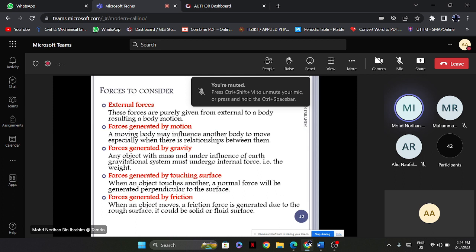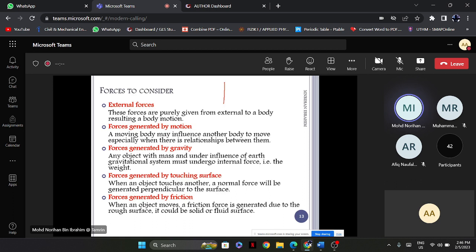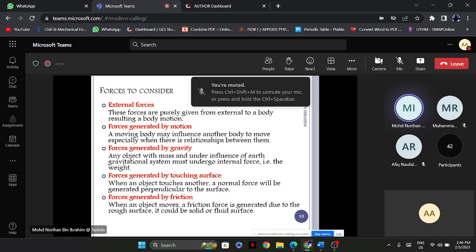Let's say we have a block located on a surface, on the ground, for example, and an external force P applied to this block. Due to the action of this external force, this block will move rightward in a specific direction of motion.